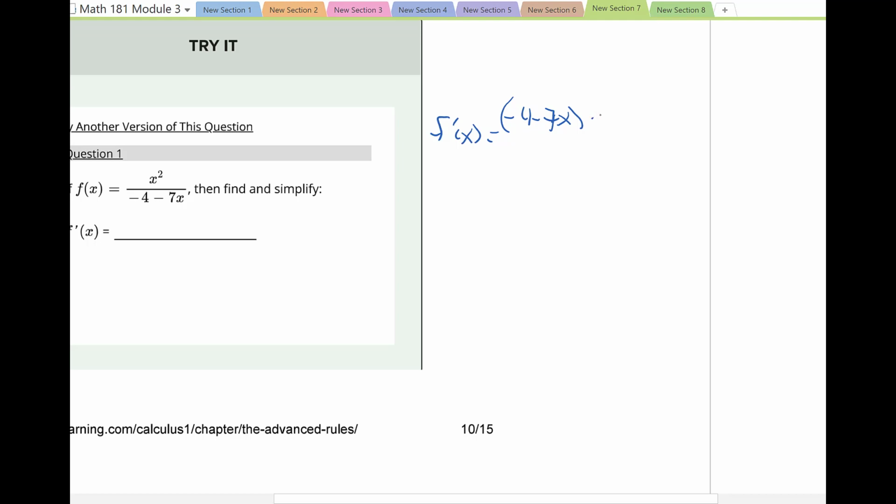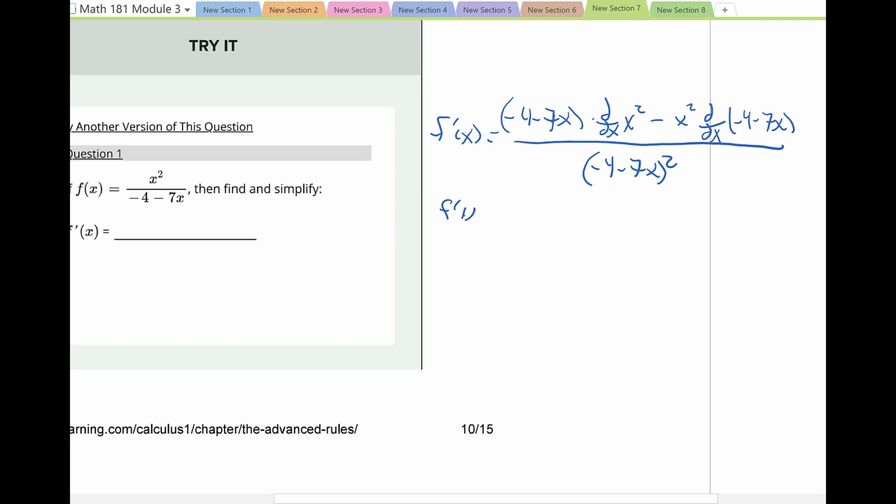Anyway, times the derivative with respect to x of x squared, minus x squared times the derivative with respect to x of negative 4 minus 7x, all over negative 4 minus 7x squared.